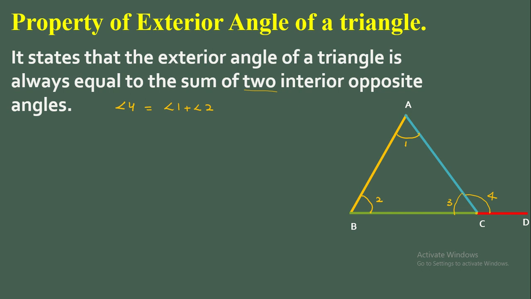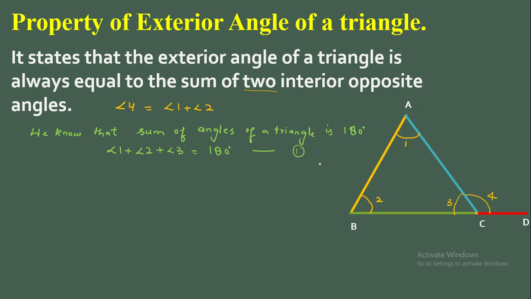Let's see it here. We know from the angle sum property of a triangle that the sum of angles of a triangle is 180 degrees, as we proved it. So we can write angle 1 plus angle 2 plus angle 3 is equal to 180 degrees.